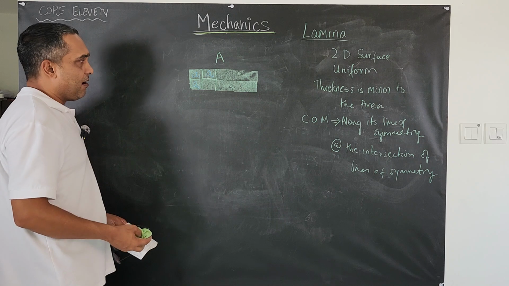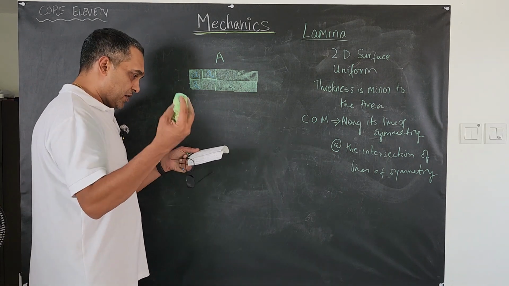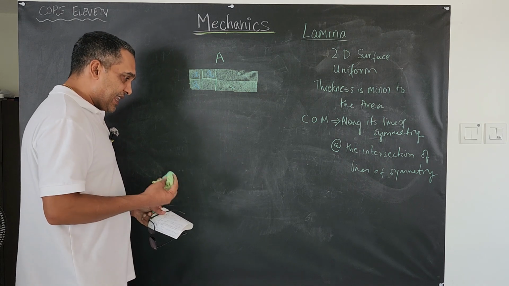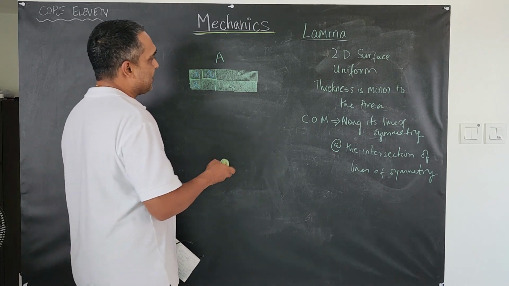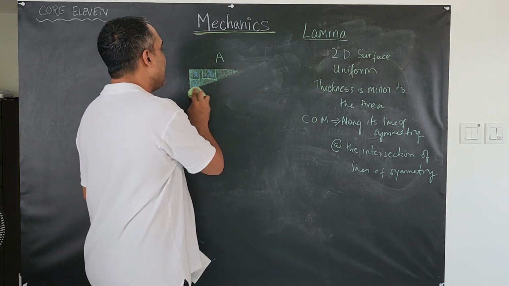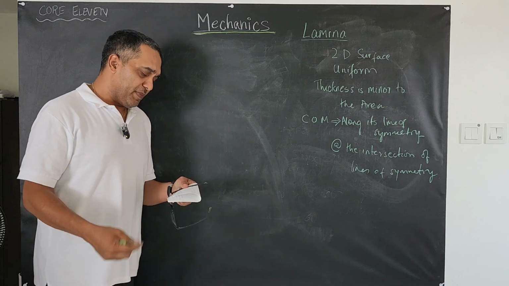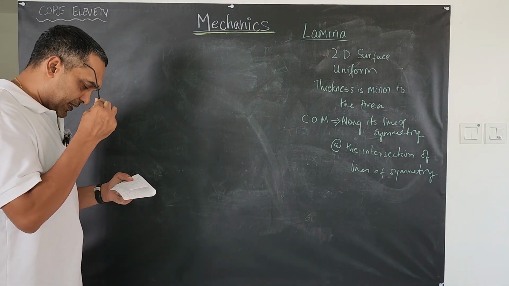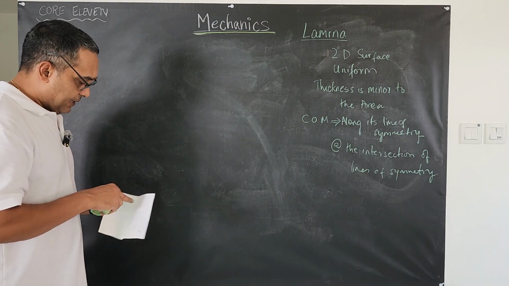If an object has a mass M, we cut it into 100 different pieces, each piece has that same proportional mass to it, whether it's by length, as in a uniform beam, or by area, as in a uniform lamina. So remember that. It's another very, very important relationship that you cannot forget.